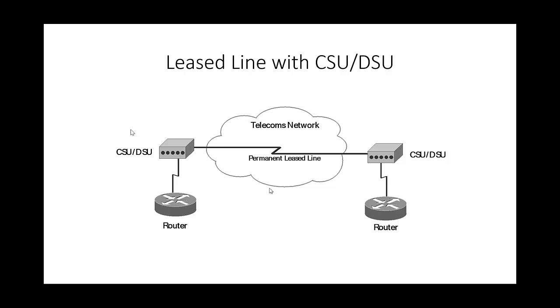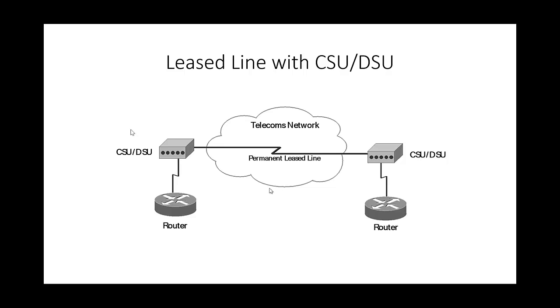The wiring for a leased line is often terminated before the CSU and DSU at a place called the demarc, or demarcation point. So when, for example, BT come in to install your leased line, they will declare the demarcation point, which is the point up to which they would be responsible.